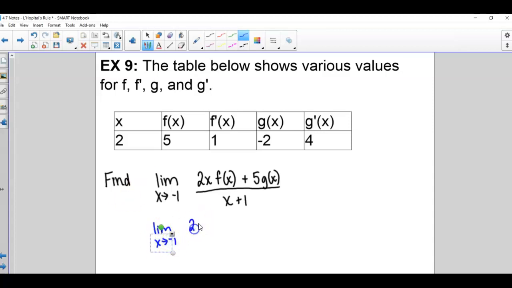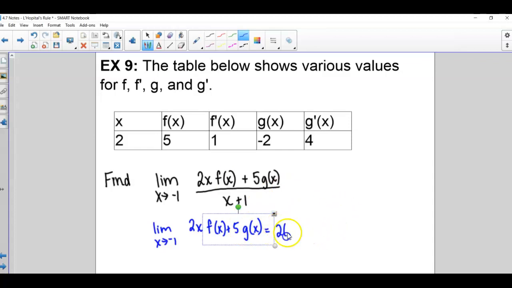So we've got the limit as x approaches negative 1 of 2x f of x plus 5g of x. Notice I am not plugging in the negative 1 right there, because when you're taking the limit of something, it's only over here on the other side of the equal sign that you actually plug the number in.